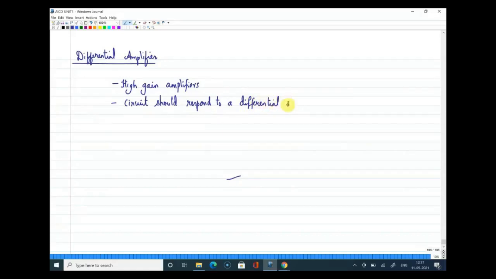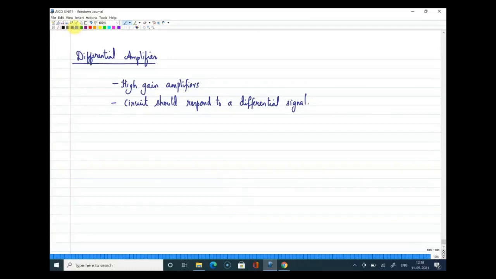All right. So we understood what a differential signal is. Now we are looking at a circuit which can amplify such a differential signal. So I have written two requirements. One is it should be a high gain amplifier, and the second is it should be a circuit which can respond to a differential signal.